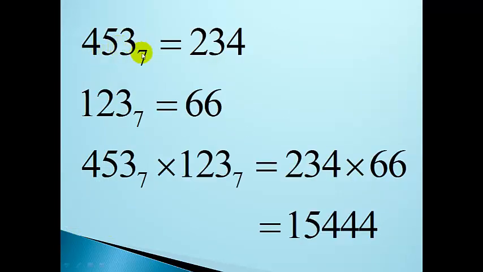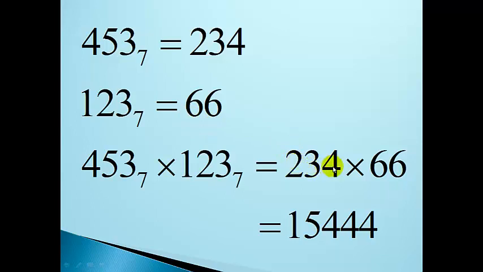Now 4, 5, 3 base 7 is equal to 234 base 10. And 1, 2, 3 base 7 has also given us 66 base 10. And so from the question, we were supposed to multiply 4, 5, 3 base 7 by 1, 2, 3 base 7. And therefore, because we've now converted to base 10, we multiply 234 by 66.